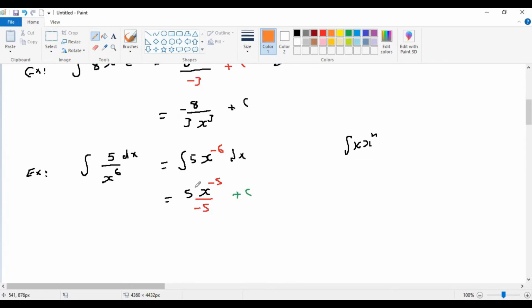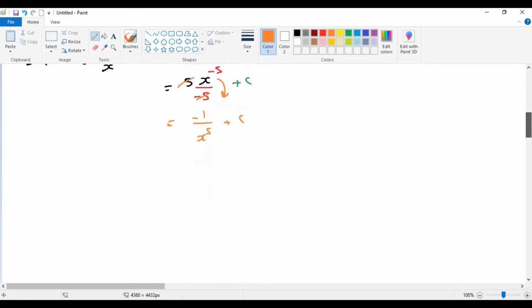This can be simplified: 5 with 5 will be 1, negative, so it will be minus 1 over x to the power 5 plus c. So that's the answer.